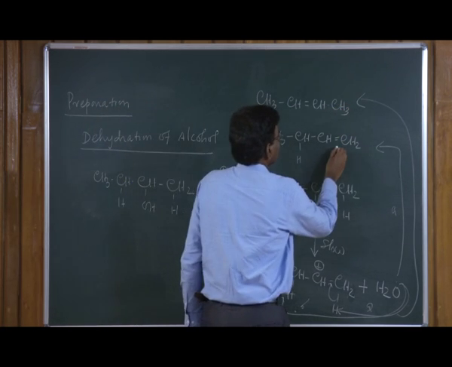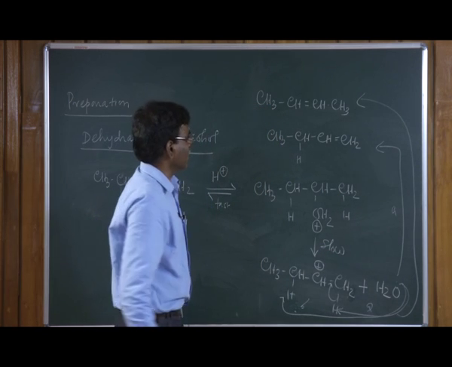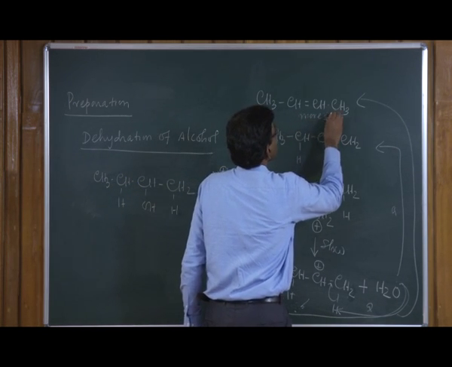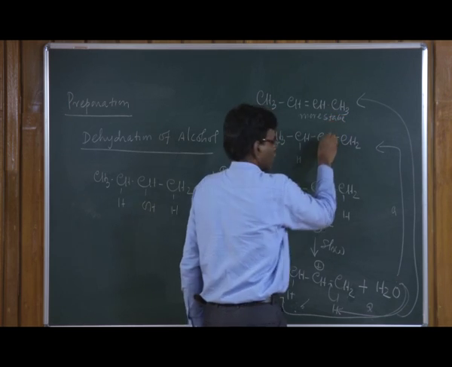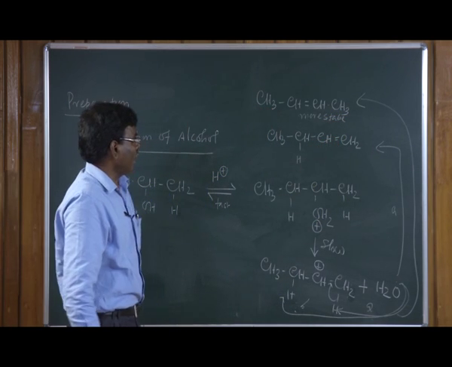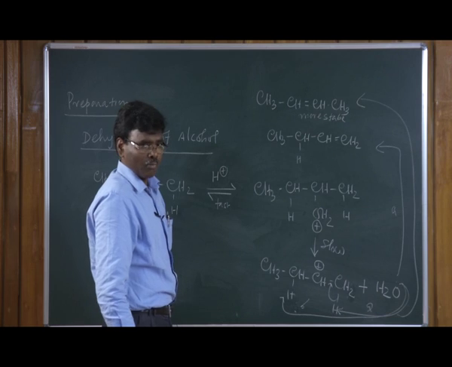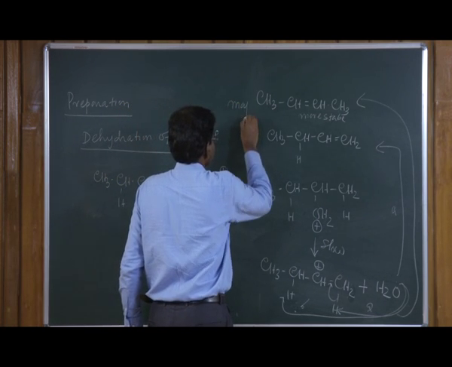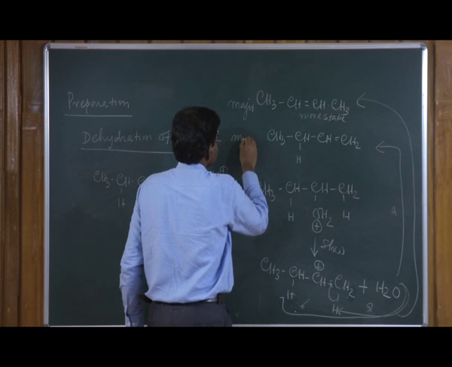This is the less substituted double bond, this is a more substituted double bond, this is more stable comparing to this. And if you look at the ratio of formation of these two alkenes, as I mentioned, this will be a major compound, this will be minor.